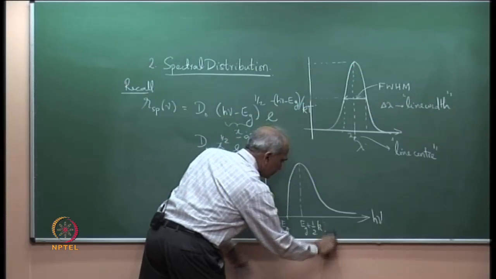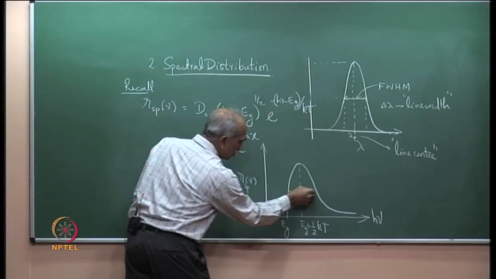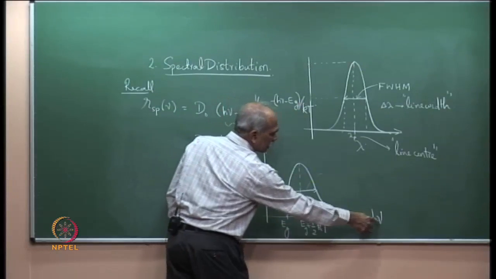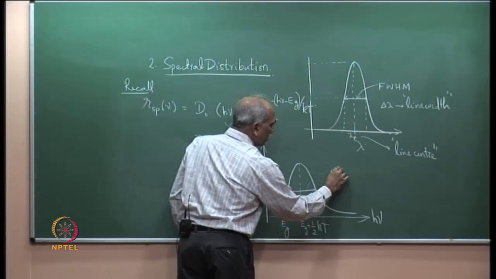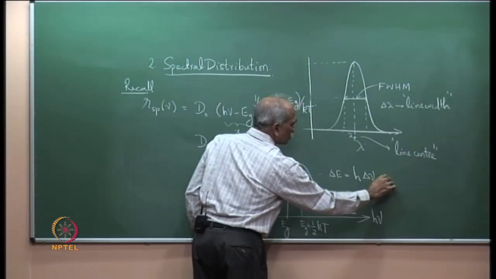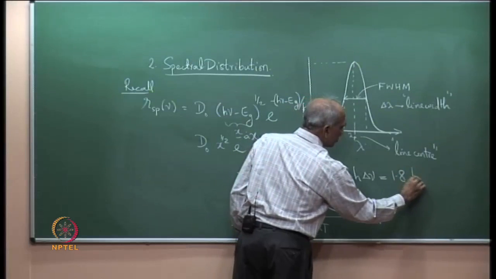Capital T is temperature here, and for the line width we had an exercise. So this line width, because this is the energy axis, delta E is equal to h into delta nu, approximately equal to 1.8 times kT.